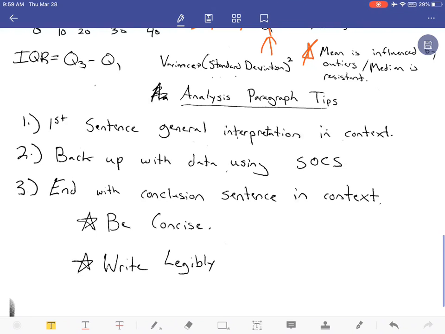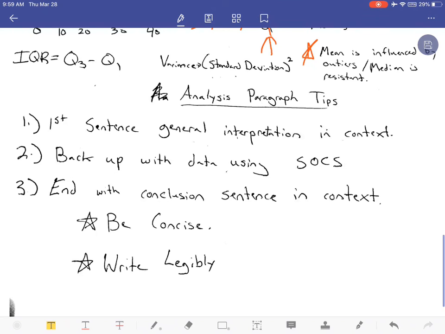Then the middle sentences of the paragraph should be backing up the claim that you made at the top of the paragraph using SOCS. So make sure you're talking about the shape, outliers, center, and spread. And then third, end with a conclusion sentence in context with the problem, tying in and summarizing everything that you found with your analysis using SOCS.